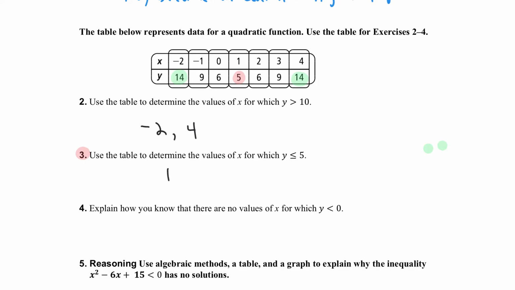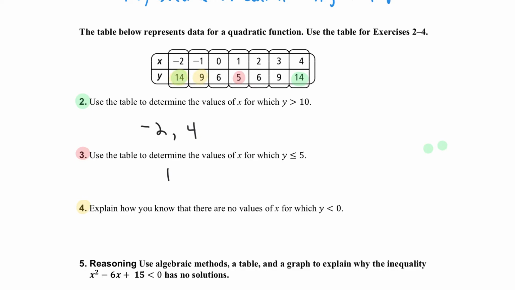So remember, question 2, I answered it using the green highlight, and then question 3, I answered using the red highlight. And number 4, explain how you would know that there are no x values for which y is less than 0. So I'm going to use a yellow, and I'm just going to highlight those values that are greater than 0.